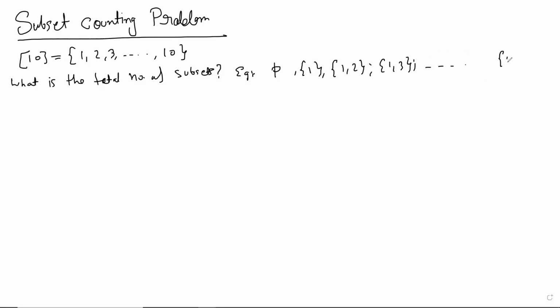So how many will be there in total? Right. So the answer is 2 to the power 10. This is a rather well-known fact. But how do we prove this? How do we say that this is the answer?